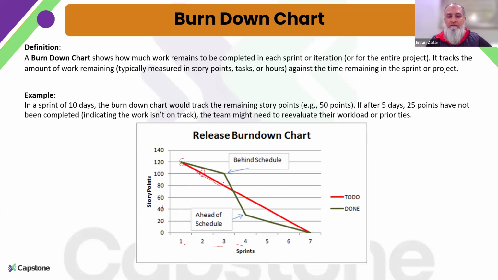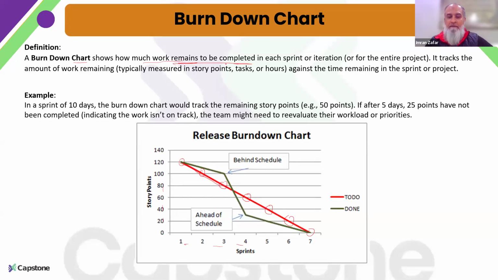Sprint by sprint, we planned that we will be completing 20 user story points. After each sprint, we calculate how many user story points we have completed, or how many are now left. This is important to understand for the burn down chart: it tells us how much work remains to be completed.